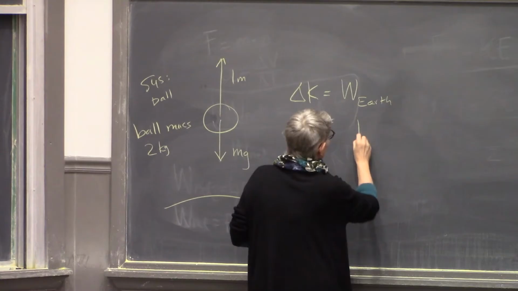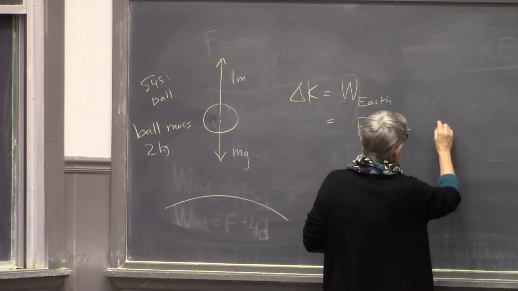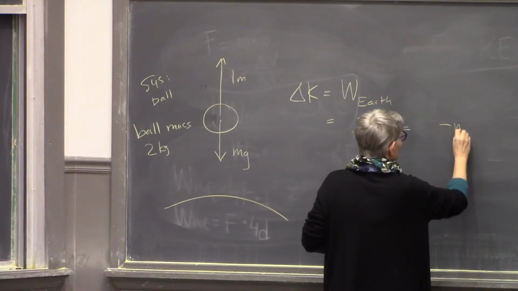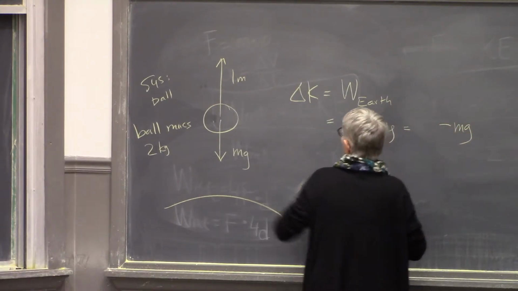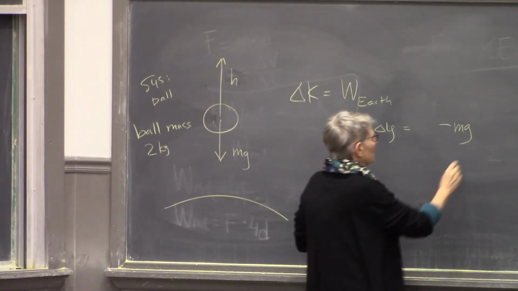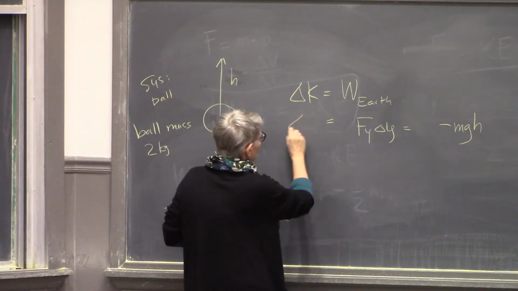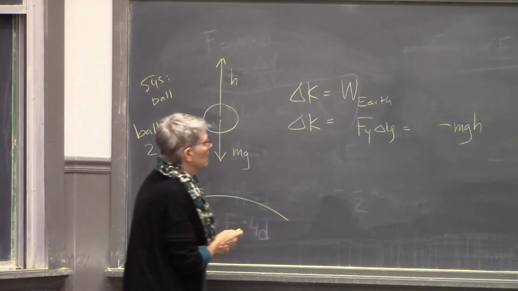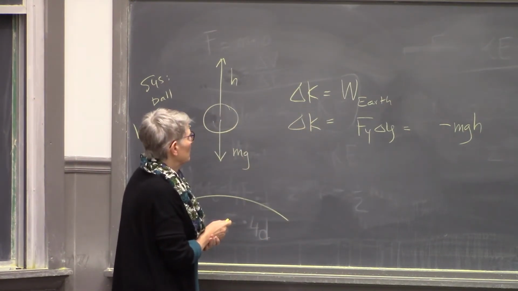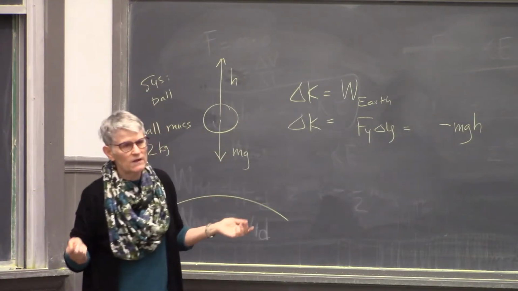So we have Fy delta y, which is a minus mg, let's call that H, just to be symbolic here. And so the change in the ball's kinetic energy is negative.